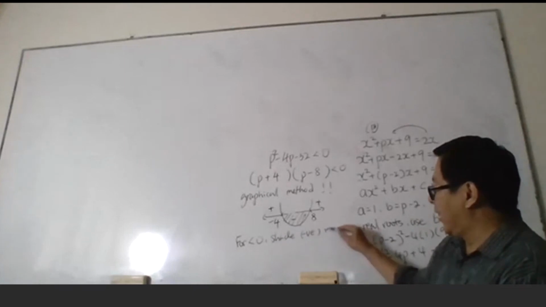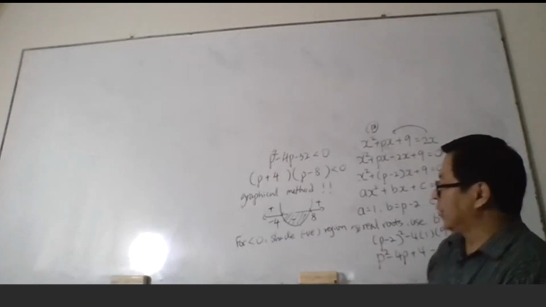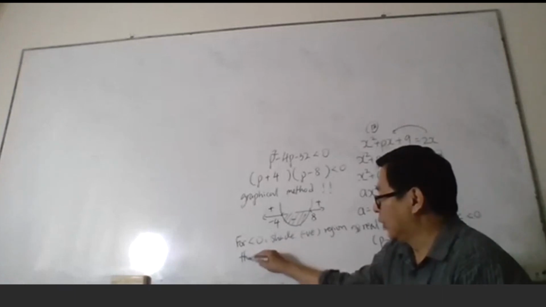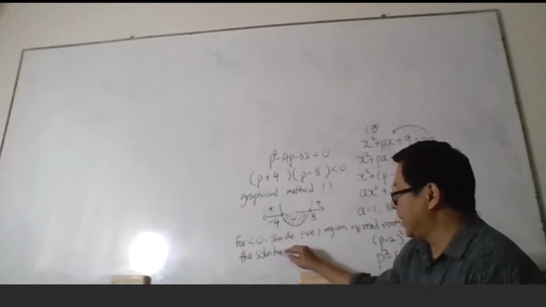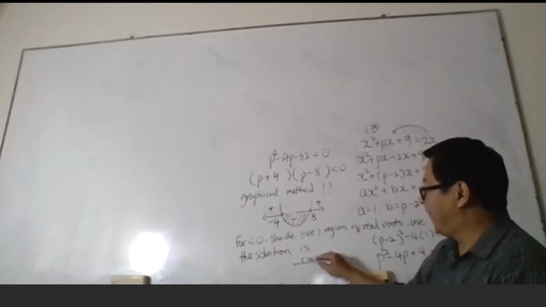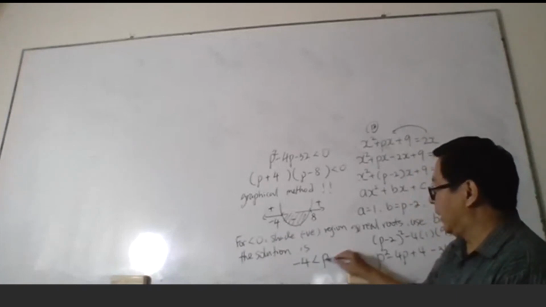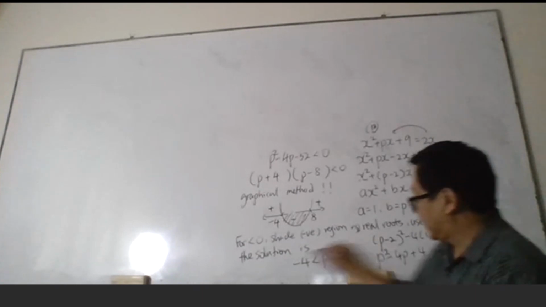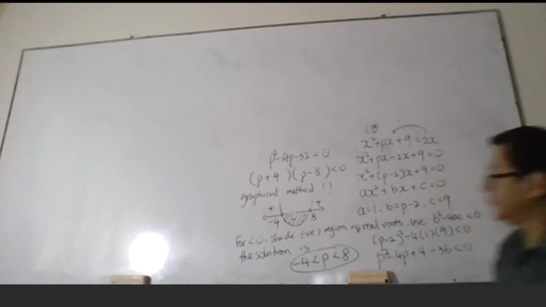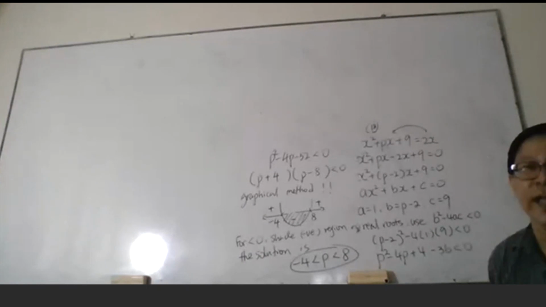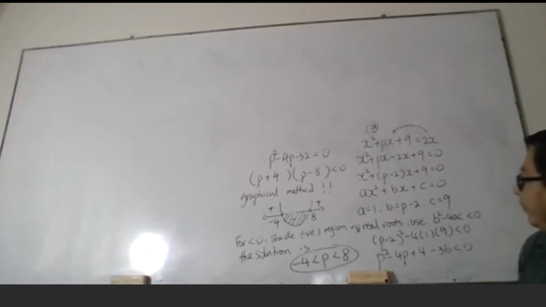And so this is my final solution. The solution is actually negative 4 less than p, and p is less than 8. So this is called a quadratic inequality.